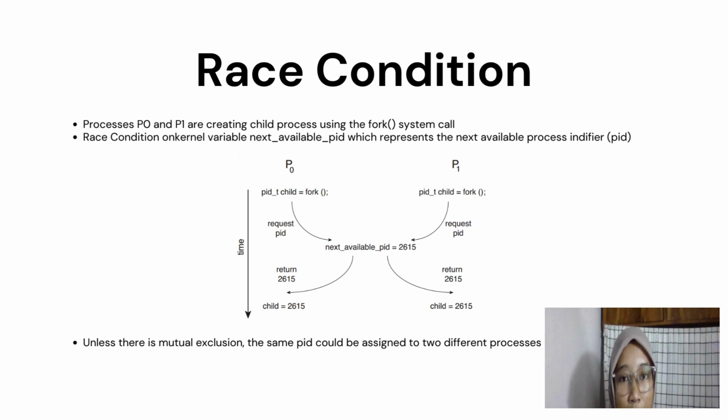In another race condition, processes P0 and P1 are creating child processes using the fork system call. A race condition on the kernel variable next available PID, which represents the next available process identifier. Unless there is mutual exclusion, the same PID could be assigned to two different processes.